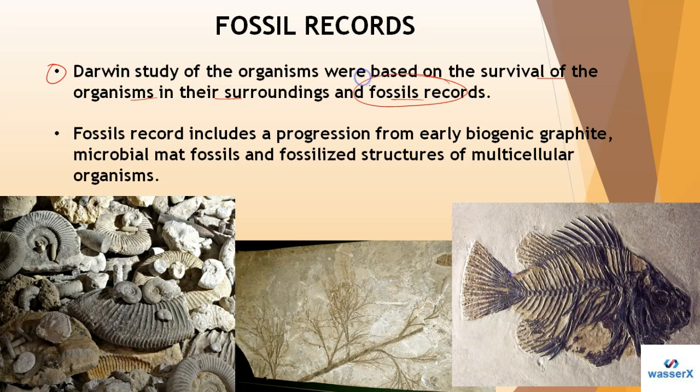On the basis of the fossil record, he studied and found how fossil records help in understanding the evolution process. Fossil records include a progression from early biogenic graphite, microbial mat fossils, and fossilized structures of multicellular organisms. On the basis of this, Darwin studied and found the evolution process.